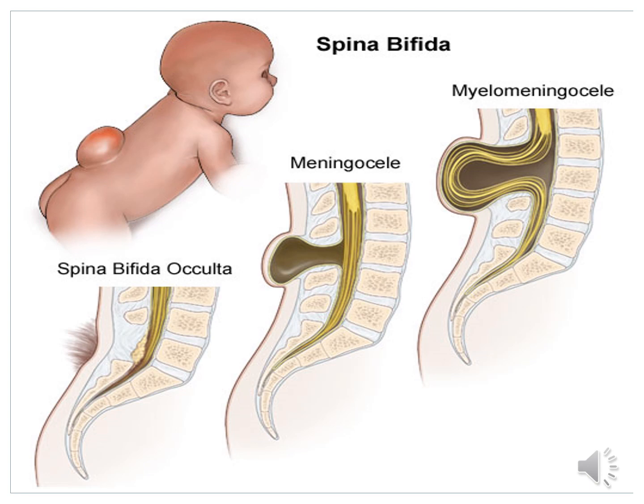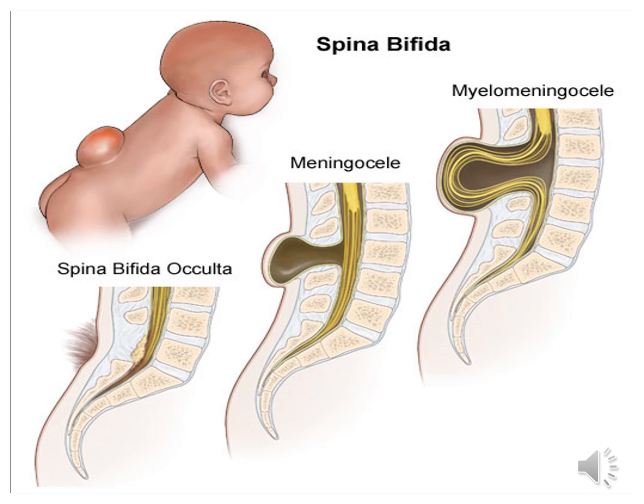The other form is meningocele, where in addition to the abnormal development of the vertebrae, there is a cyst-like swelling in the lower part of the back of the baby, full of CSF, because the meninges protrude into that cyst. You can see this baby with a cyst-like structure in the lower back, filled with CSF.